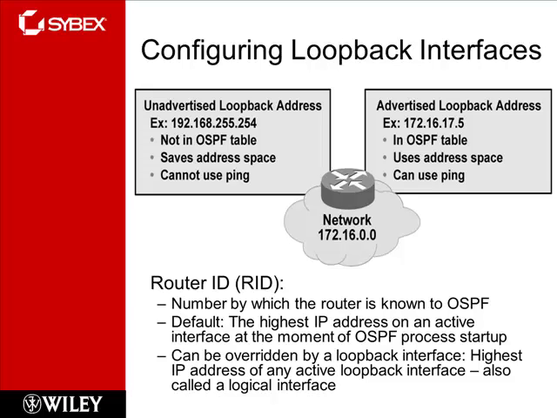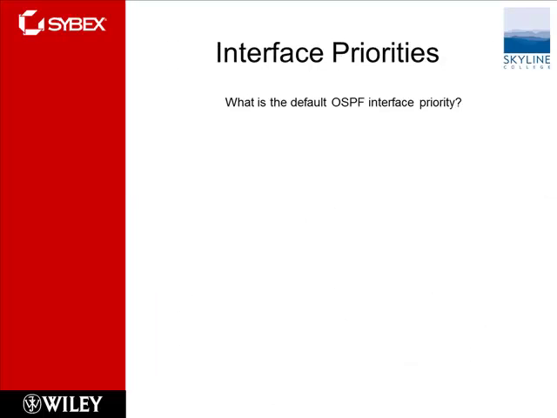If we configure a loopback address, then it'll be the one with the highest loopback address. If we use the router ID command, it'll be whatever we put in there. The router ID command overrides, preempts all of the other things. By default, it is the highest IP address on the active interface, which can be overridden by a loopback interface IP address, called the logical interface, and also by the router ID command.